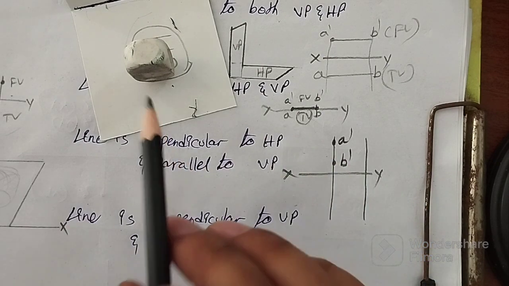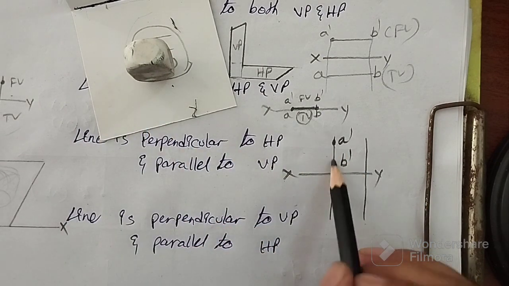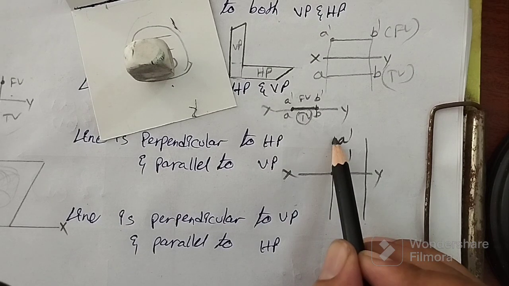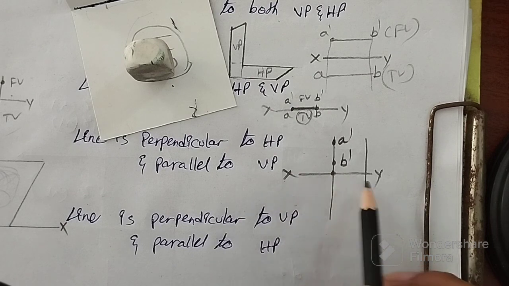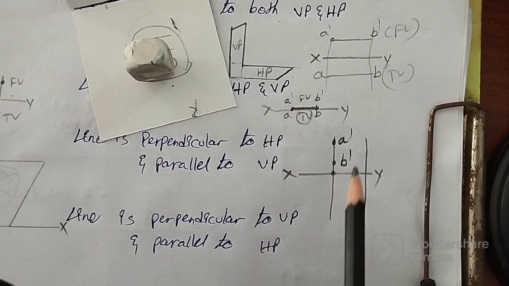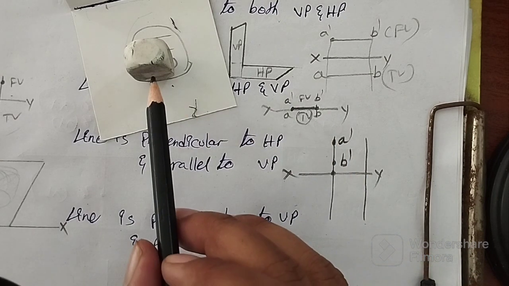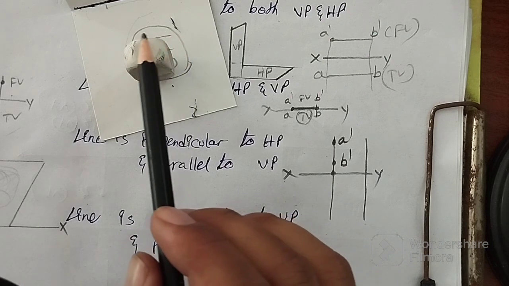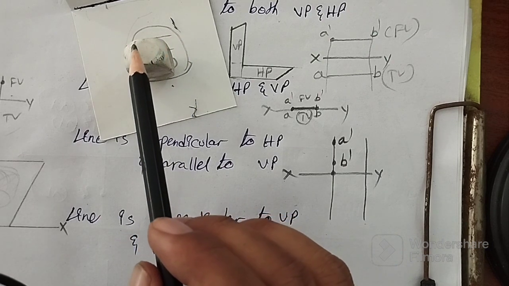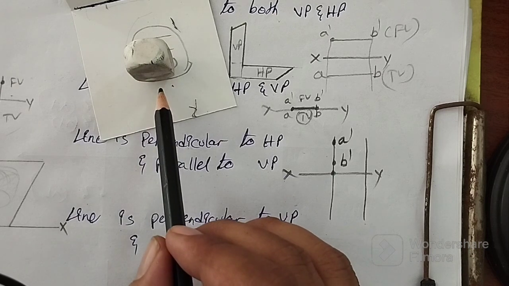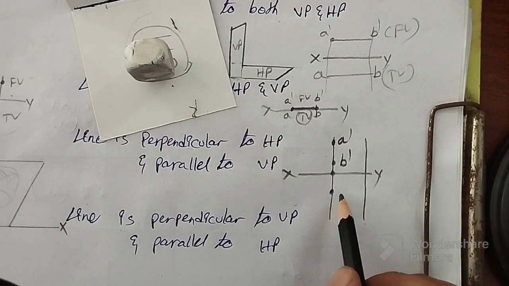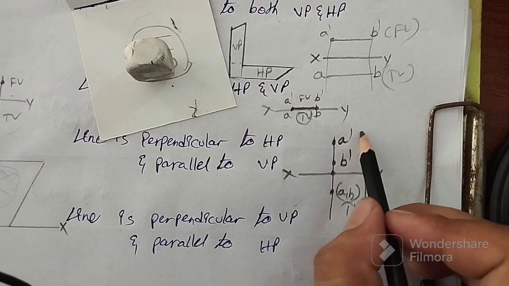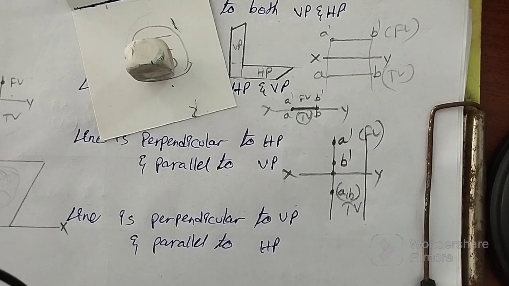Since it is perpendicular to HP, if I look at the same eraser from top, only this portion is visible and the bottom portion is hidden. So at the same point I will have A comma B. This is my top view, this is my front view.